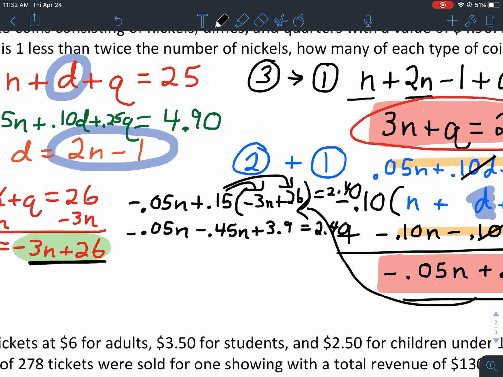I have my negative 0.05 plus my negative 0.45, so we have negative 0.5n. And I'm also going to subtract this over to save time. So 240 minus 390, so I have negative 1.5. Now I'm almost done solving for n. Divide by negative 0.5. So we have n equals 3.